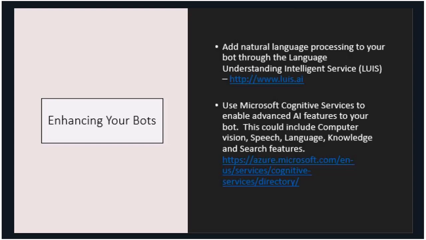So for example, if I were to type to a bot, what is the weather today? Okay, what is my intent? Well, my intent is weather forecast, right? So I want my bot to understand that if somebody says, what is the weather today, what I'm really wanting it to do is go out and get the weather forecast for my current location.